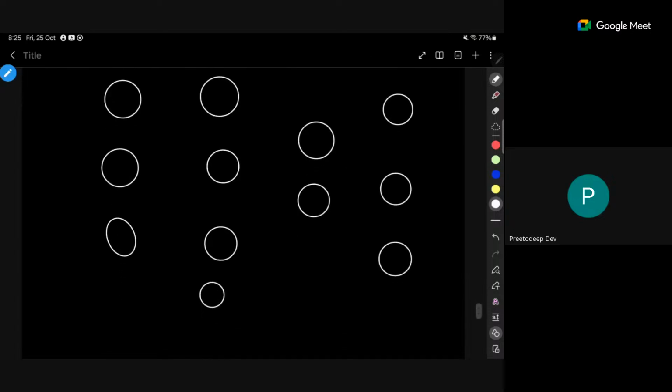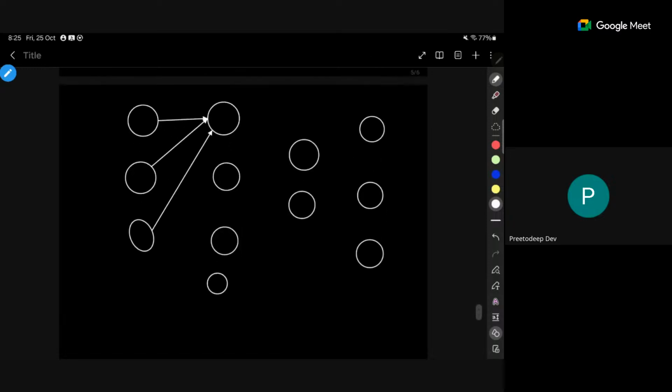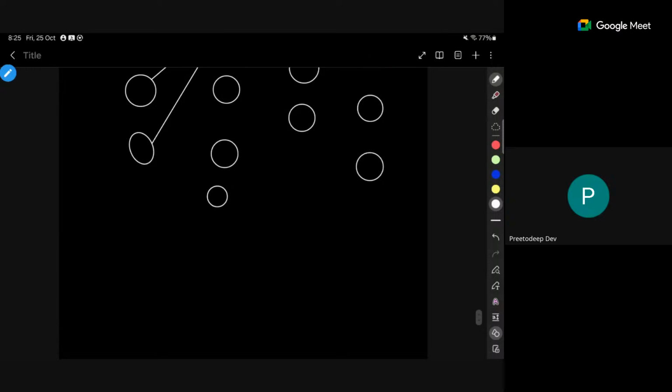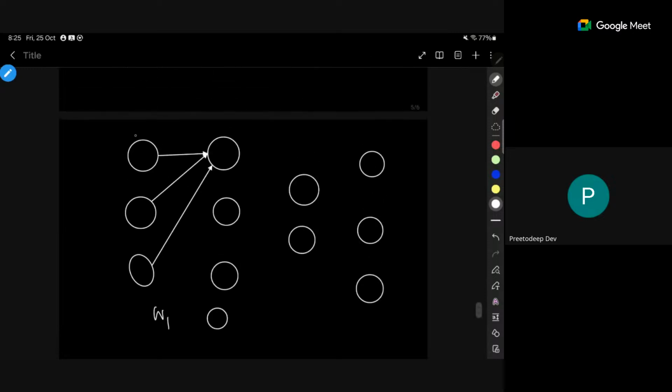So this is my neural network, and these are the weights connecting to the first neuron. You can consider this first layer as the input layer. This is my hidden layer 1, this is my hidden layer 2, and this is going to be my output layer.